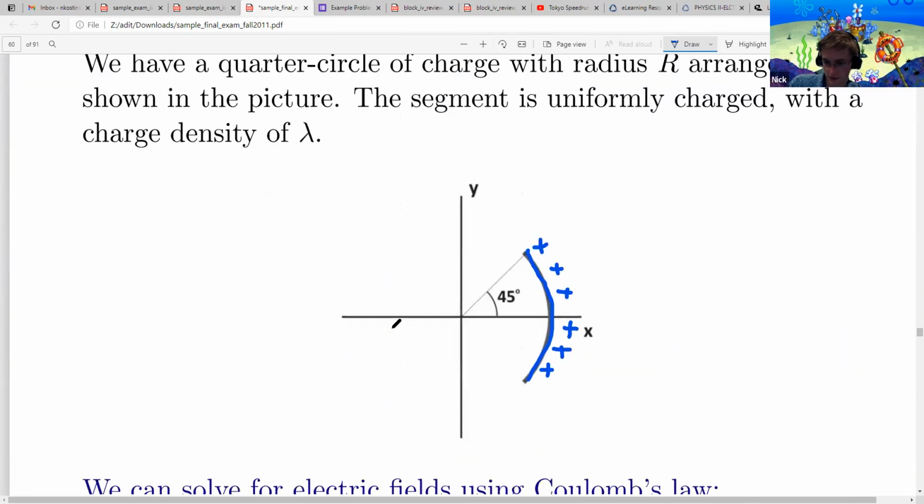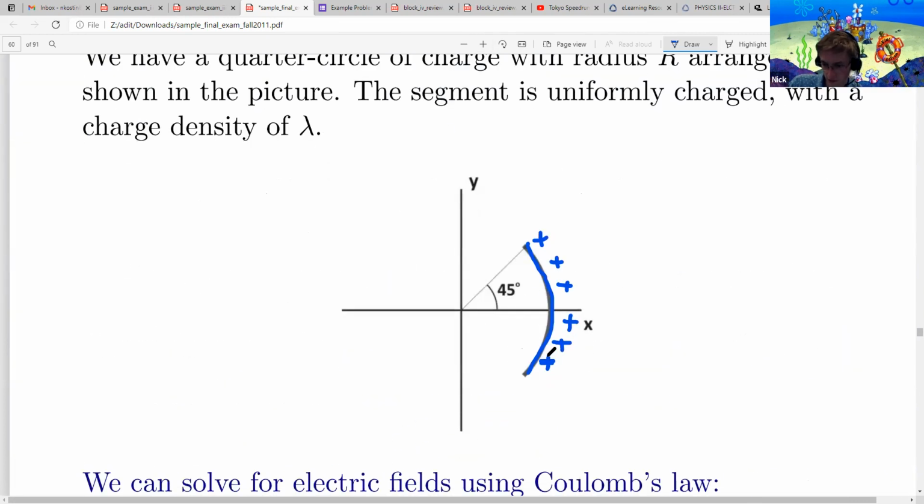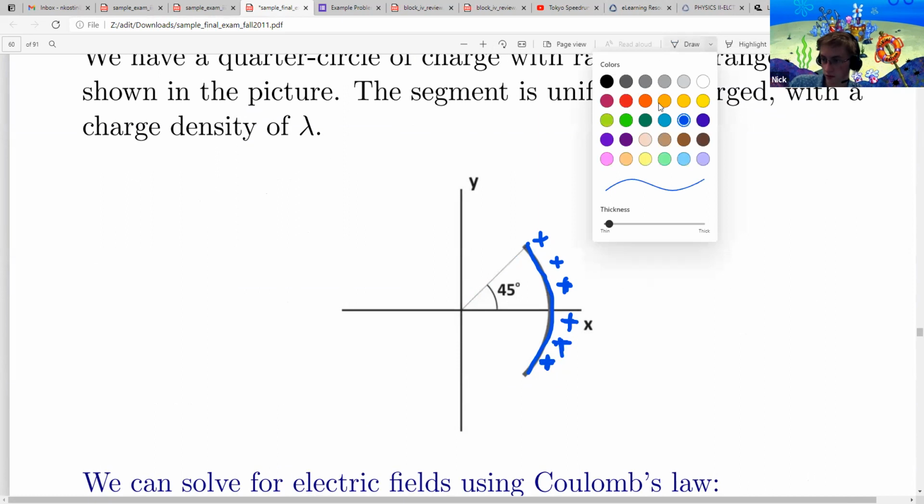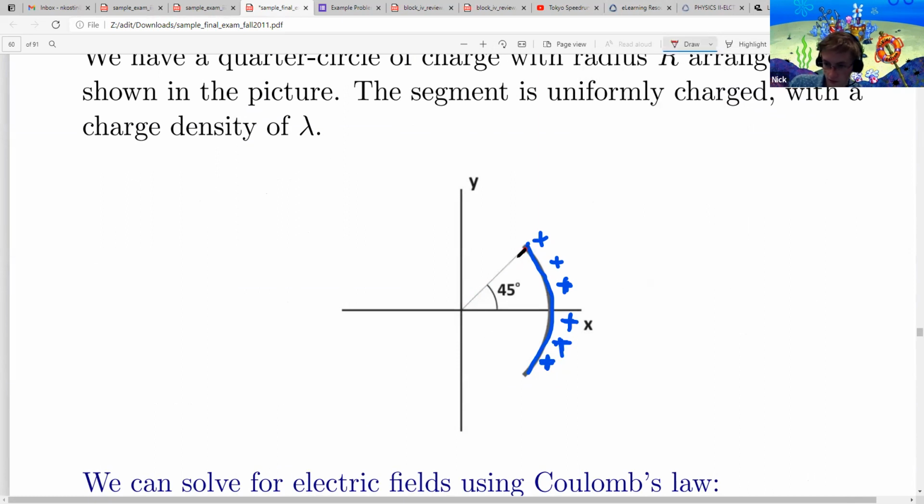In this problem, my source is this quarter segment of charge. That's where I have sources of charge. And my observation point is the origin. So if I draw an example r vector, let's use red. My r vector is going to point from my source to my observation point.